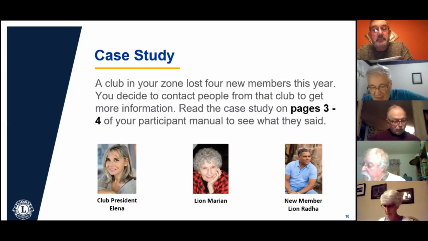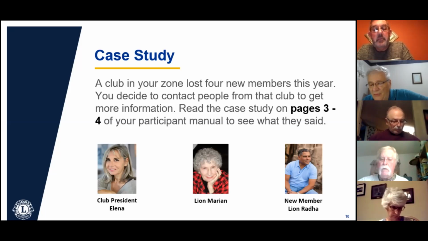Okay. Keith, can you do Lion Marion? Yeah, I haven't found that. Okay, well, I'll read it for you. It's unfortunate that we lost these new members. They seemed enthusiastic at first, but were frustrated by the fact that we didn't do a formal orientation for them.